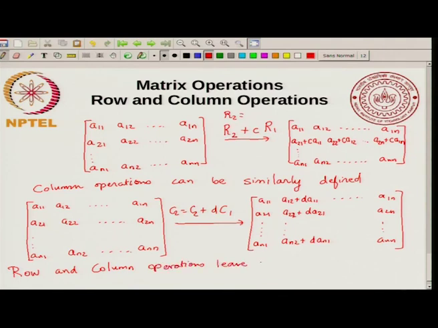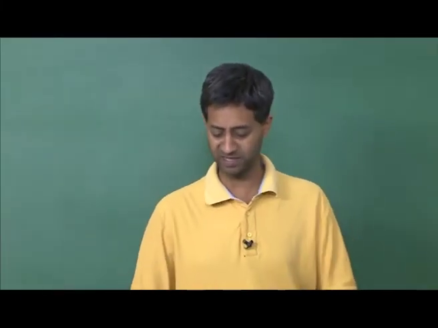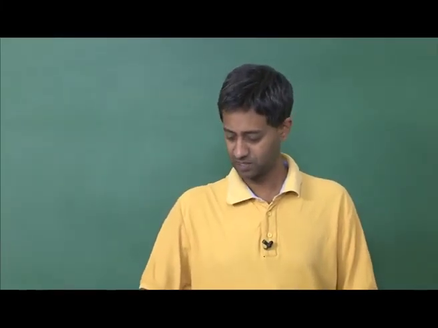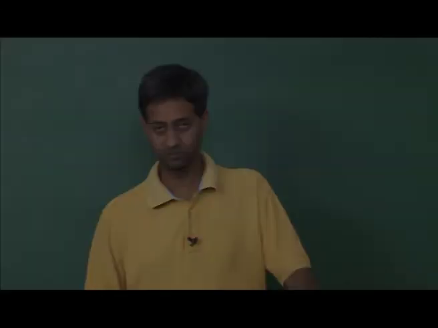You can show that row and column operations leave the determinant unchanged. We'll discuss some properties of determinants a little later, but keep in mind right now that when you do row and column operations, the determinant of the matrix is not changed. Okay, thank you.